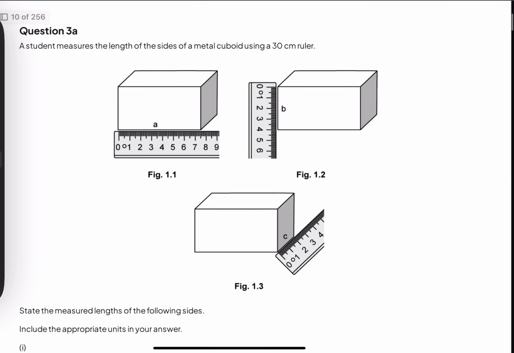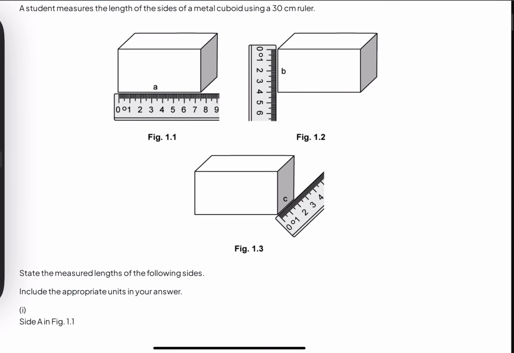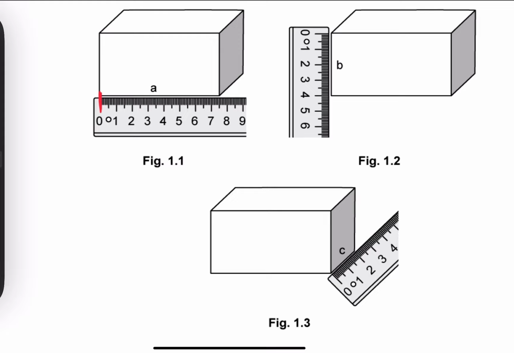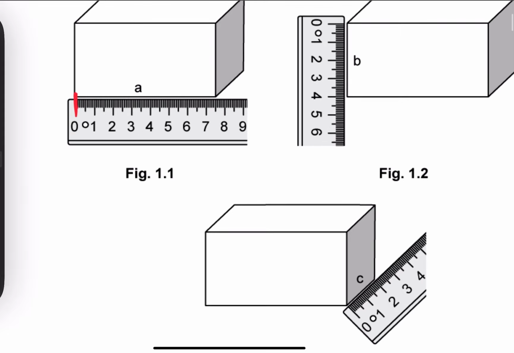Question 3a. A student measures the length of the sides of a metal cuboid using a 30 centimeter ruler, and states the measured length of the following. For A, it's starting exactly from 0 and ending between 7 and 8.